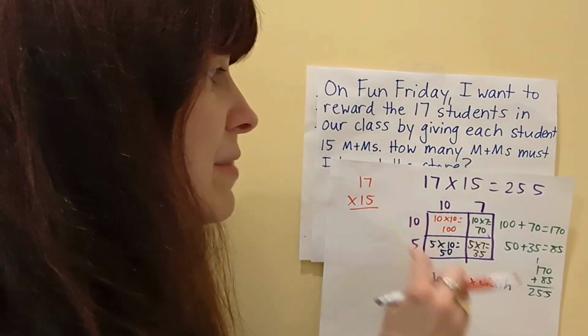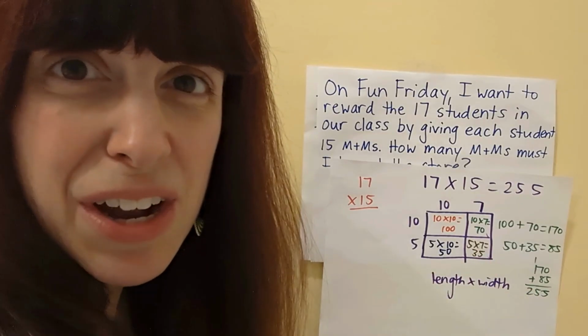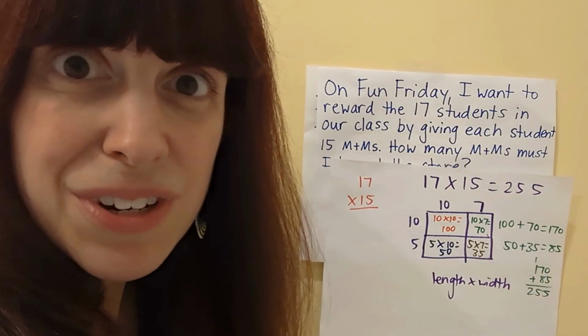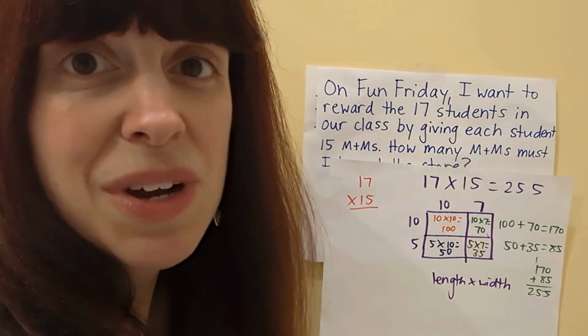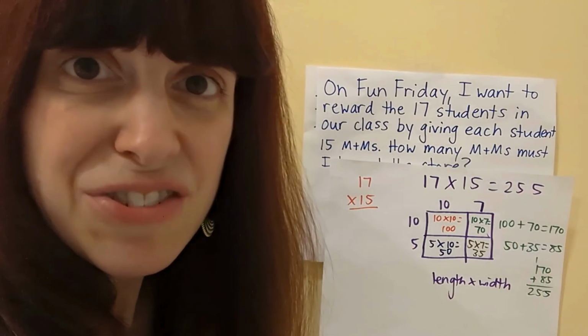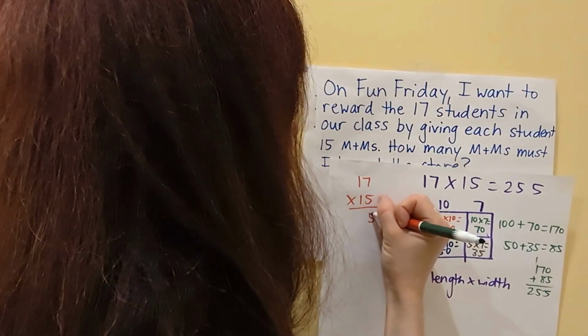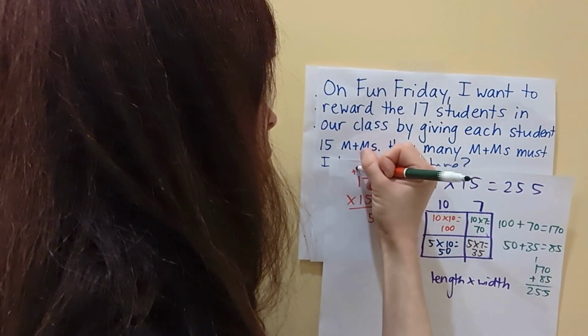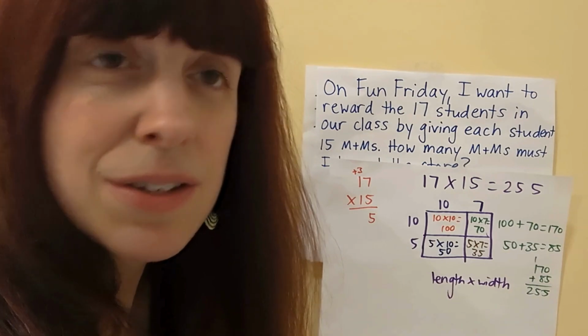So that's 5 times 7. Now, what did we determine that was when we did our area model? 35, right, Gavin? So right now we're only going to write down the number in the ones place of our answer. So Ashley, what's that number? 5.